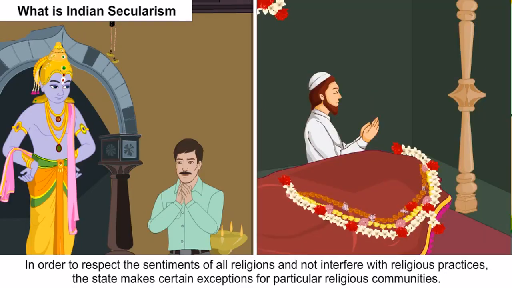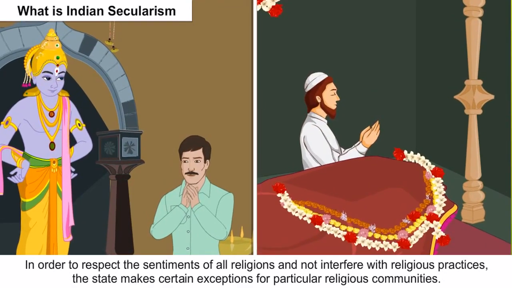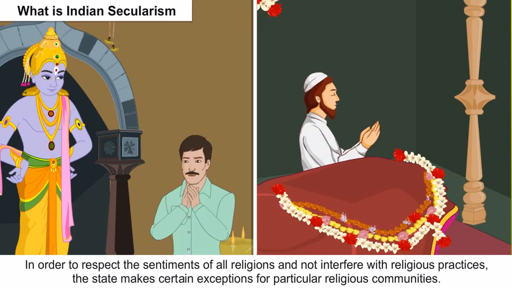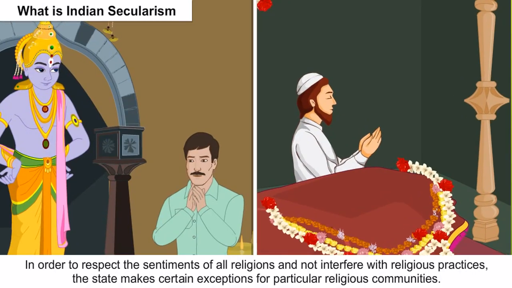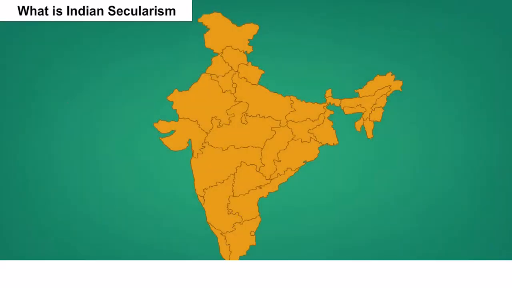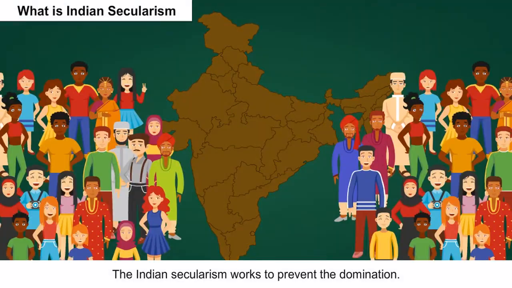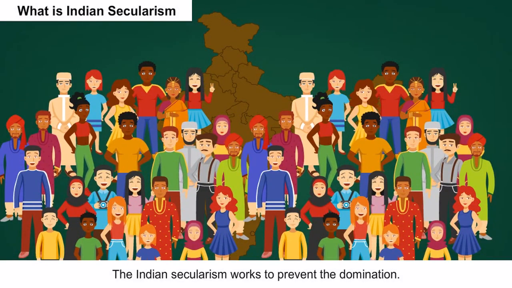In order to respect the sentiments of all religions and not interfere with religious practices, the state makes certain exceptions for particular religious communities. Indian secularism works to prevent domination.